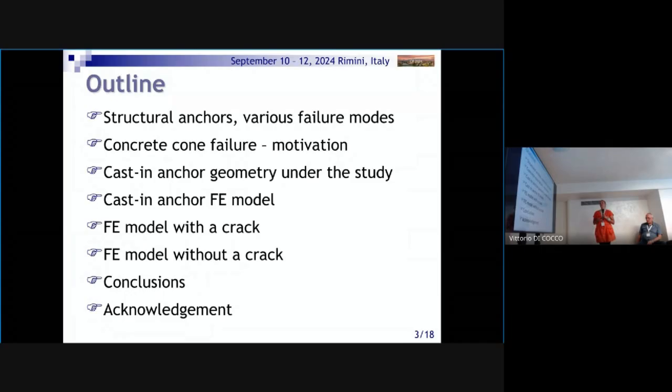We want to compare the results of experiments with results of finite element simulations. We dealt with two different geometries: a structure with a crack and without a crack. At the end, I will draw some conclusions and, of course, some acknowledgments.